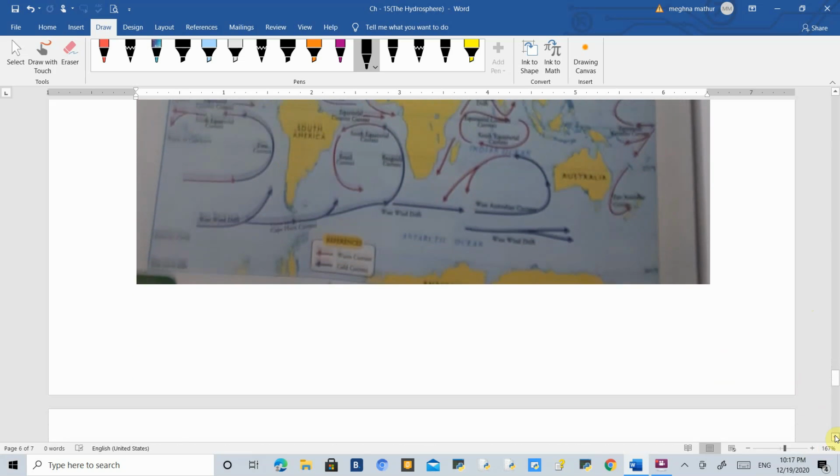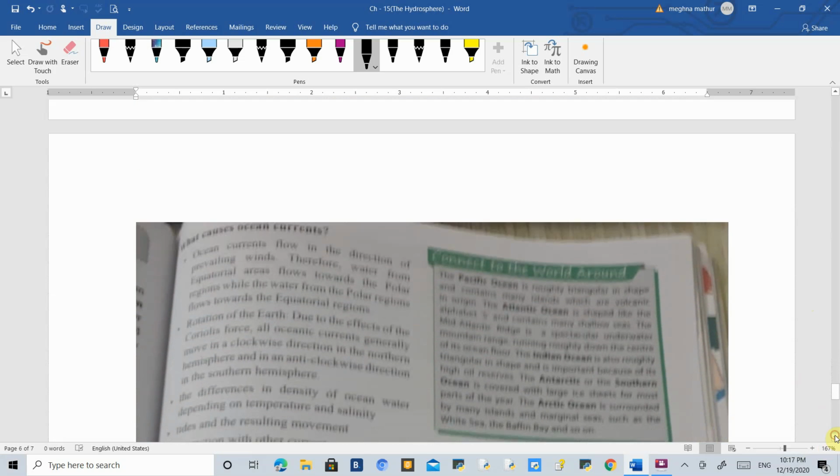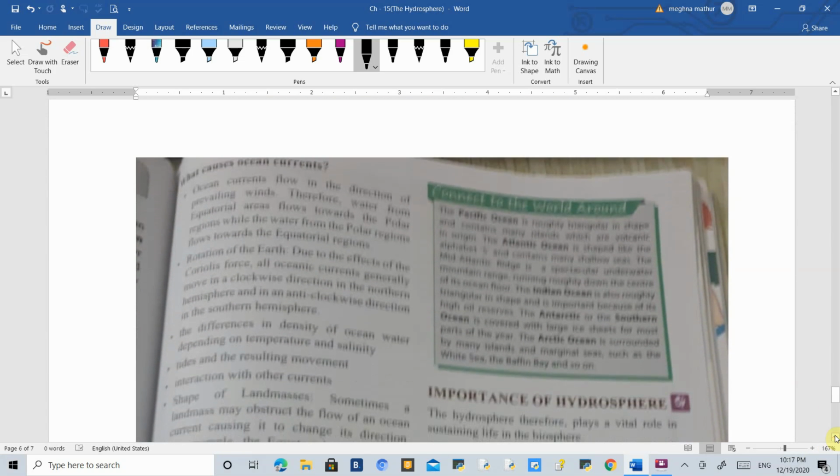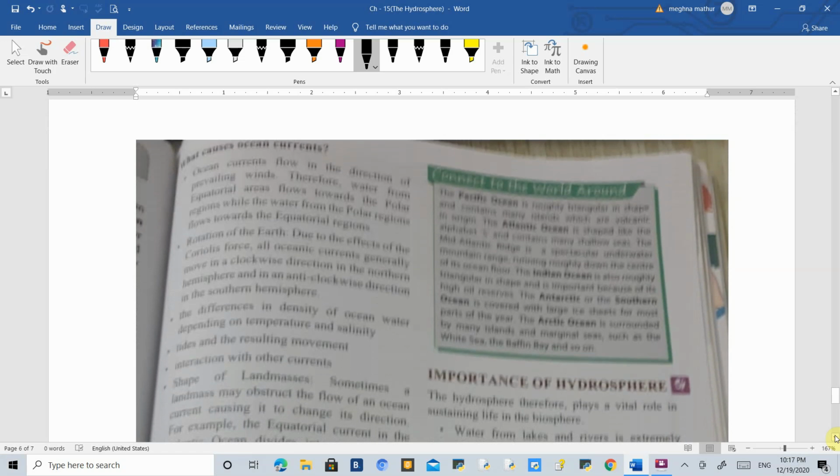Now there are certain factors on which the movement of ocean currents is dependent, which have been given in these points. The first is the prevailing winds, due to which the water always moves in the opposite direction. The water in the polar areas will move towards the equatorial region, and the water from the equatorial region will move towards the polar region. That is the first point.